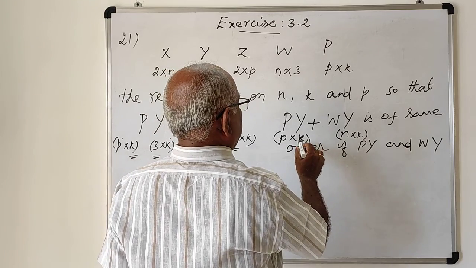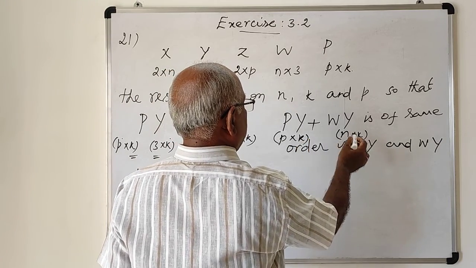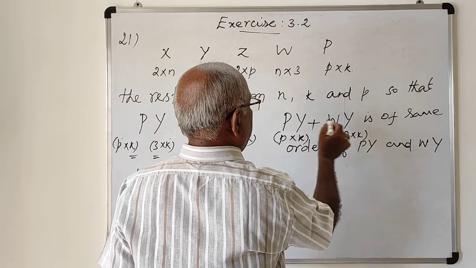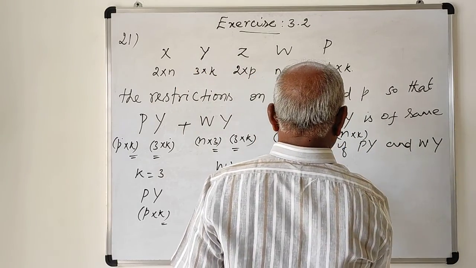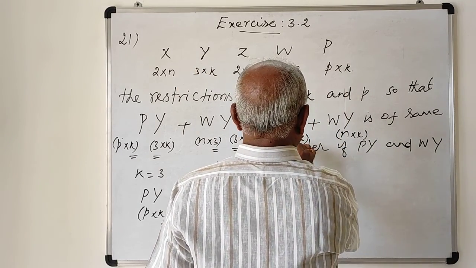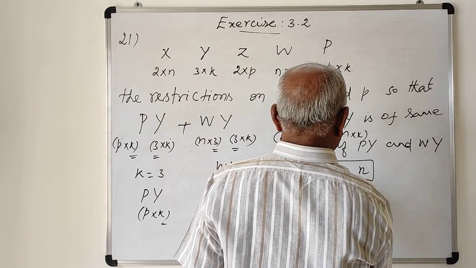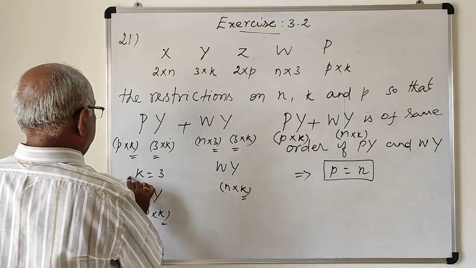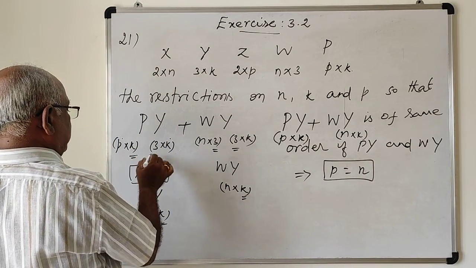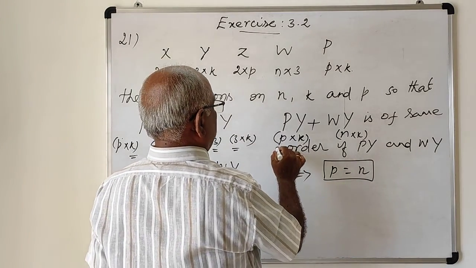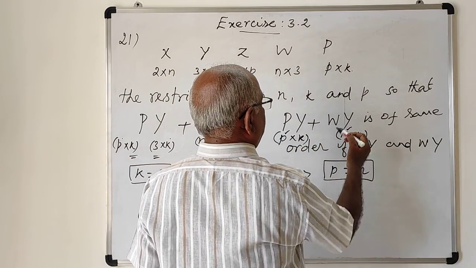See, in this case, what do we get? The k's are equal, therefore p equal to n. This is also a condition: p equal to n and k equal to 3. From this we get k equal to 3, and from this we get p equal to n.